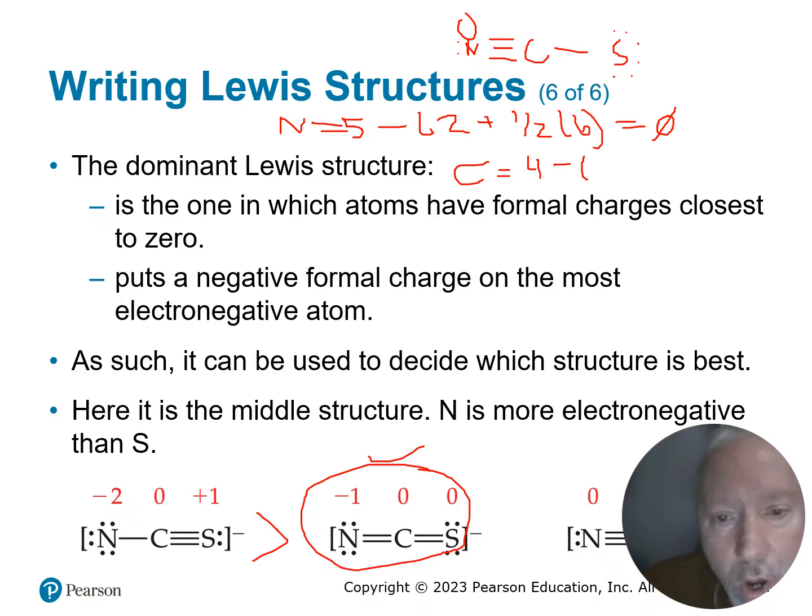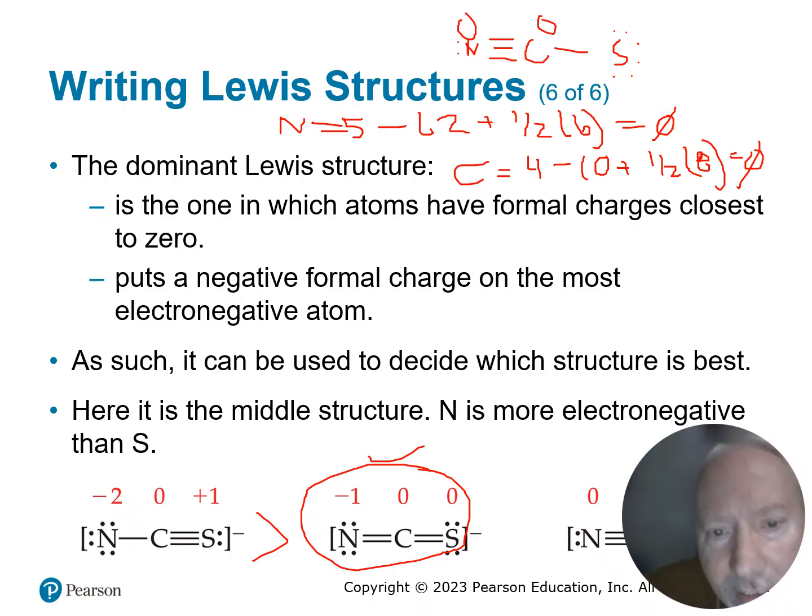Carbon has no electrons that simply belong to it, so that's 0. Now we have to figure out how many bonds carbon has. It has 1, 2, 3, 4 bonds. It has 8 electrons in shared bonds, and it only needs half of those. Half of 8 is 4. 4 minus 4 equals 0. So we should know that this is 0 on carbon.